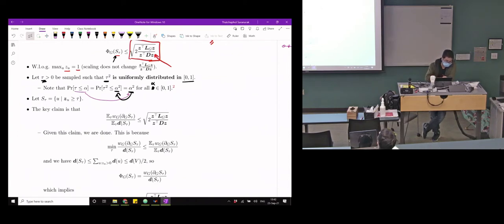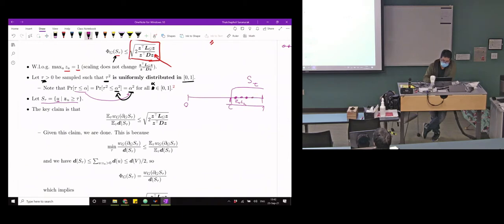Now let's say we have the interval 0, 1, and you choose tau here, and define S tau to contain all of the nodes U such that Z_U is more than tau.